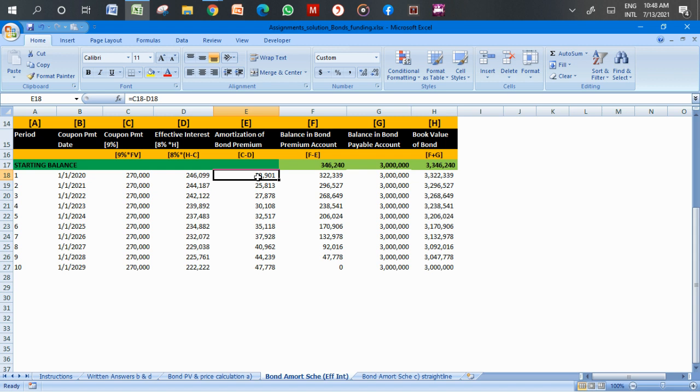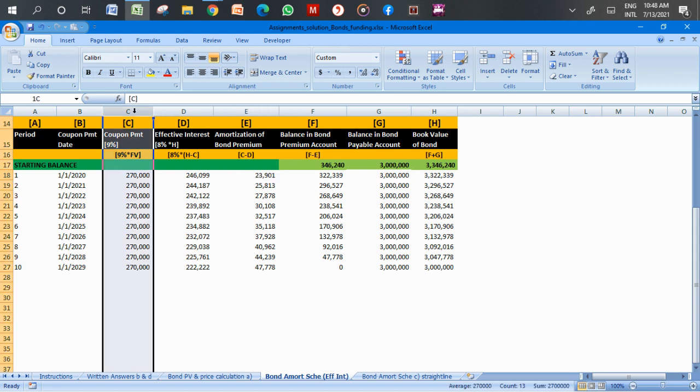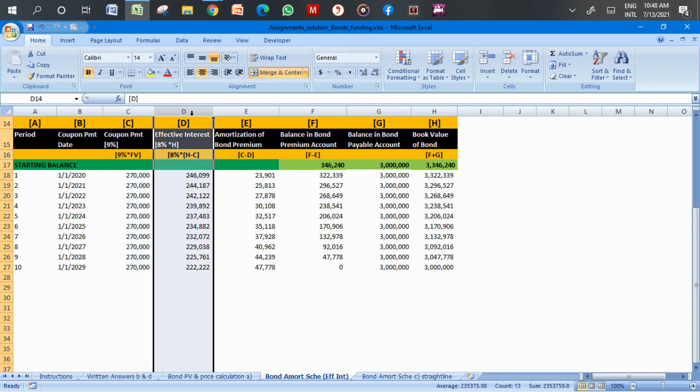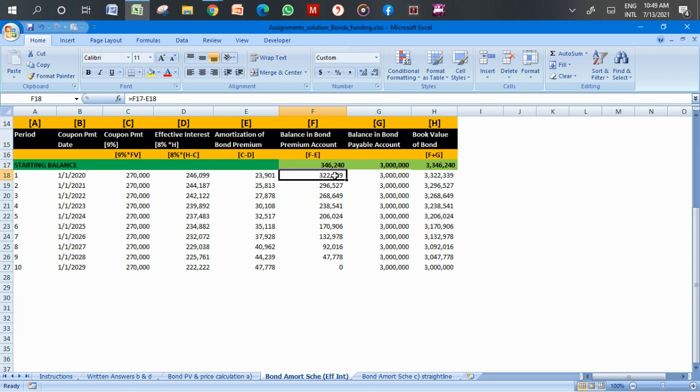That's why I said C18, which is this one, minus D18, which is in this column. Okay, so our balance in the bond premium is this one. To find the balance in the first year, we say the initial balance minus the amortization in the first year, and we can break that formula. As you can see, by year 10, the balance in the premium is now 0.